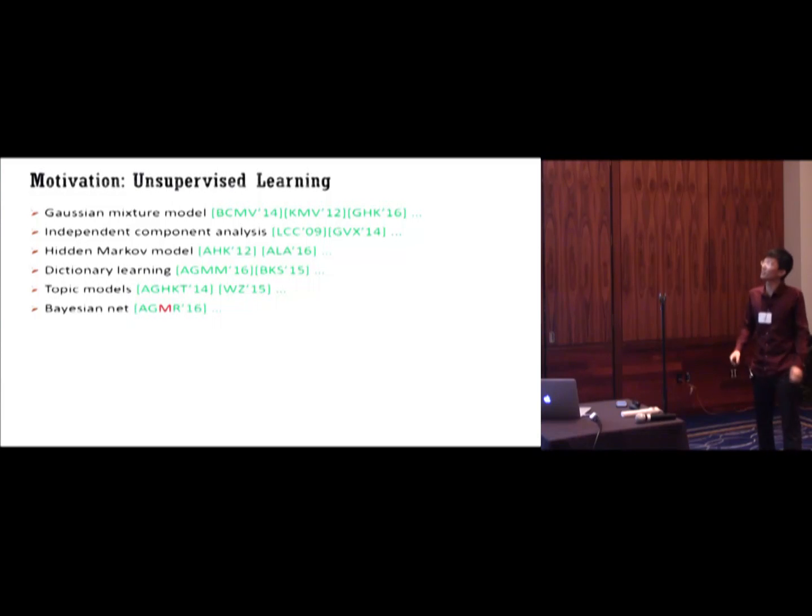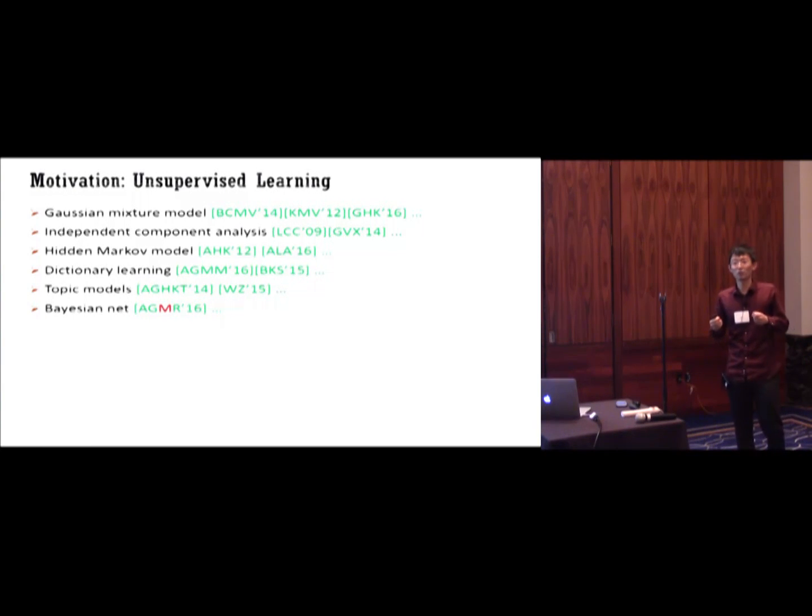So the motivation here is that tensor decomposition is kind of the key algorithmic tool for many unsupervised learning problems. I have a long list of unsupervised learning problems here, and actually this is just a subsampling of many of these works in this line of research.